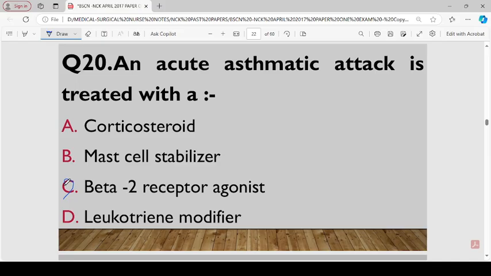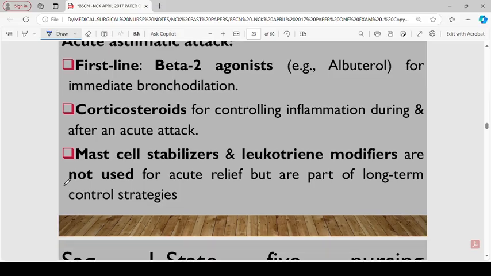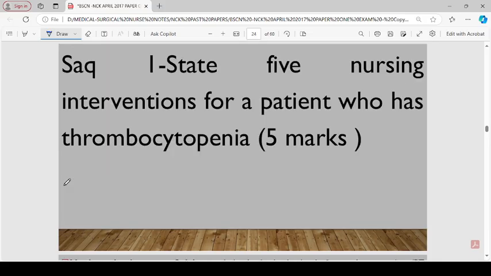So for treatment in an attack, we use a bronchodilator, all right? So first line, these are beta-2 agonists, albuterol or salbutamol, for immediate bronchoconstriction. Corticosteroids are used to control inflammation during an attack, while mast cell stabilizers and leukotriene modifiers are not used for acute attacks, but as part of long-term control strategies, all right?